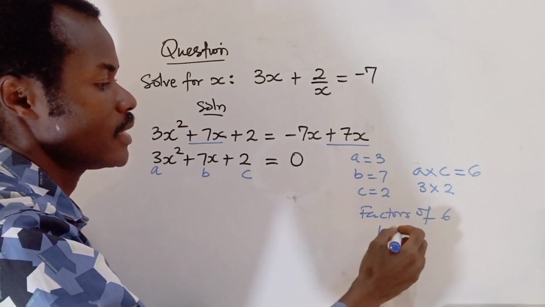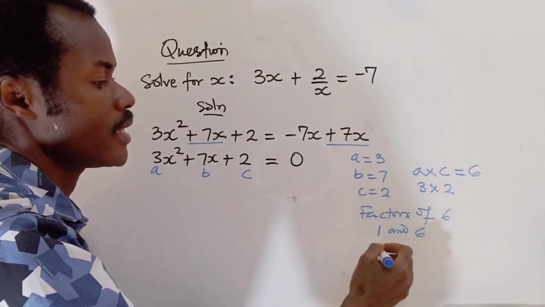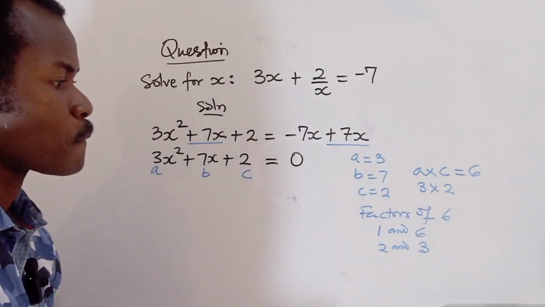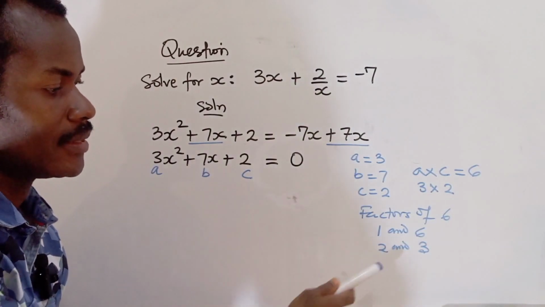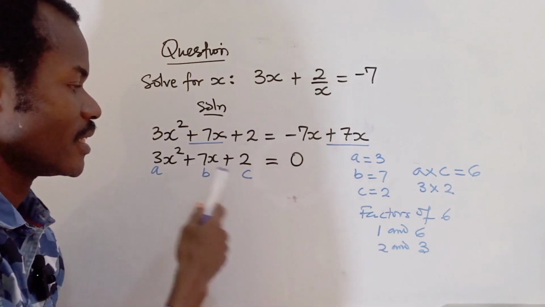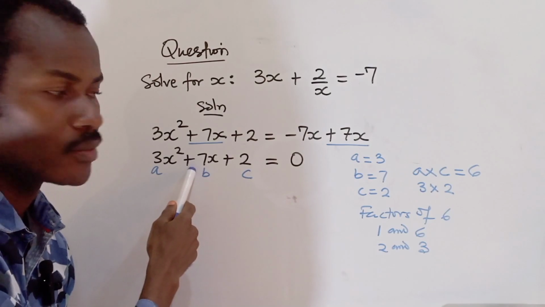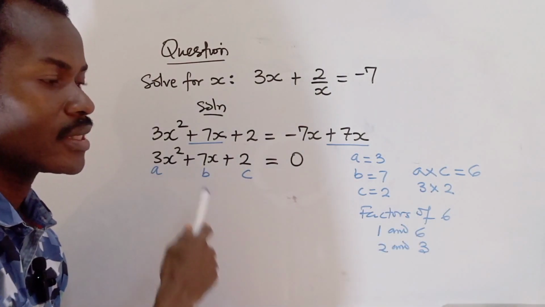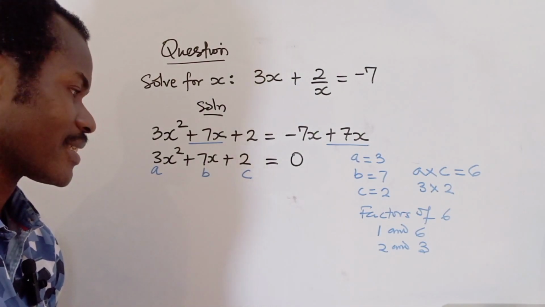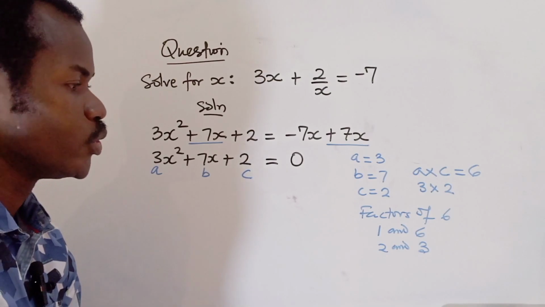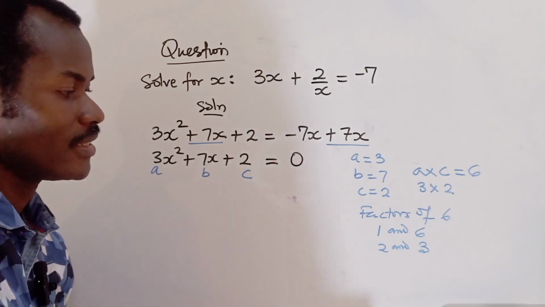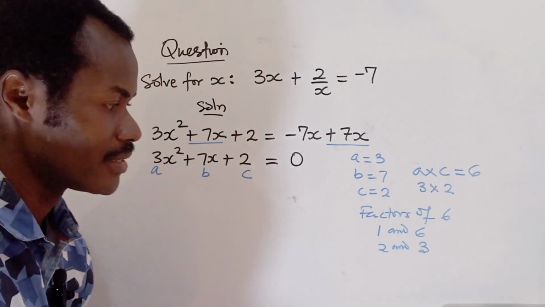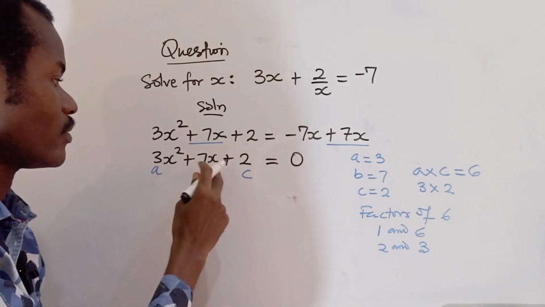We can have 1 and 6, we can have 2 and 3. I can see that the sum of 2 and 3 gives me 5 and not 7, but the sum of 1 and 6 gives us 7. So the best factors to use in this case are 1 and 6. So let's use 1 and 6 to replace 7x.